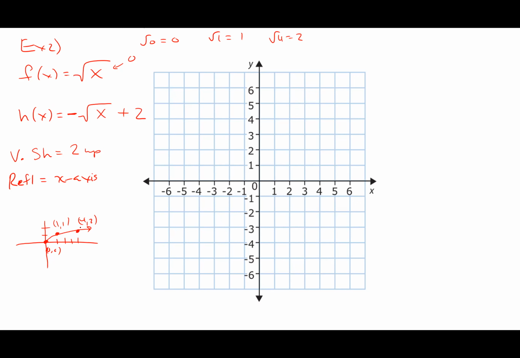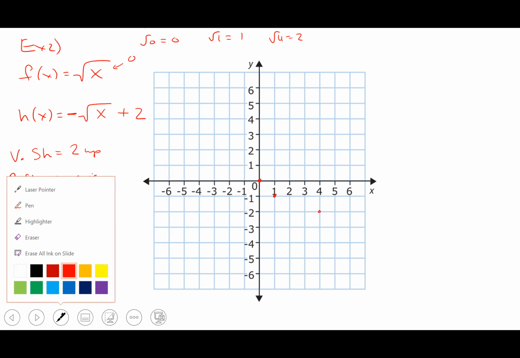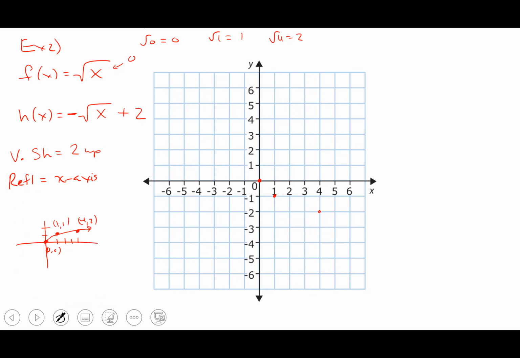So if I get a reflection, I'm still at 0, 0, is that right? Then I'm at 1, -1, sorry. I'm at 4, -2. But you don't connect the dots though. Don't connect the dots together. And if you have different color pens or lightly do it, that's fine too. Okay, everybody okay with my red dots on my graph?